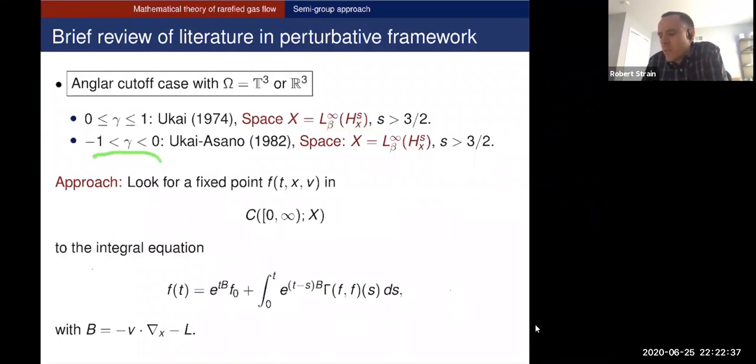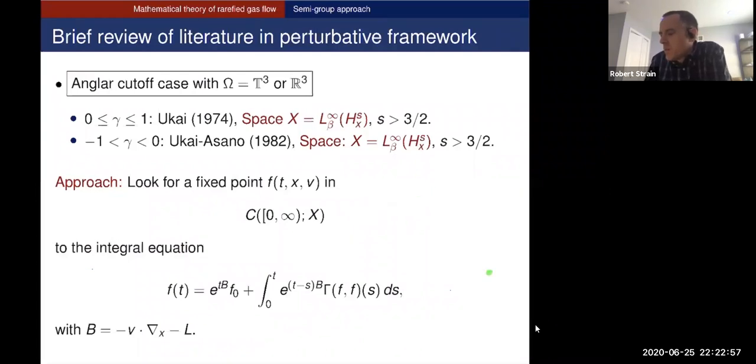Later this was extended to gamma between -1 and 0 by Ukai collaborating with Asano in a similar space. So he uses at least 3/2 derivatives in space, and his method of proof was to look for a fixed point of f in the space of continuous functions in x.